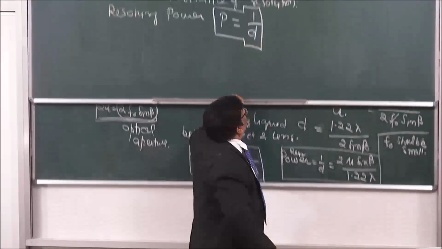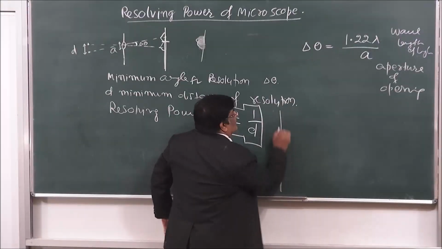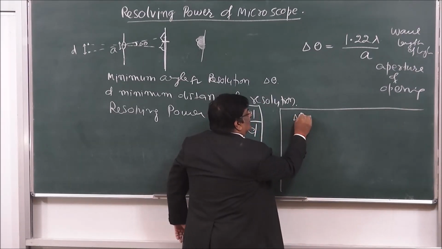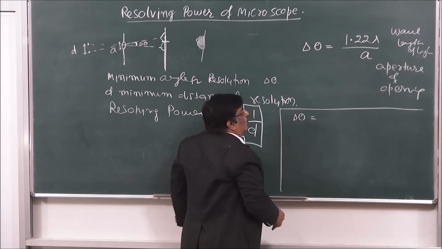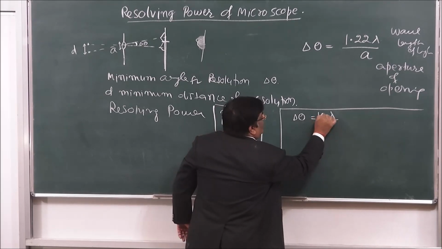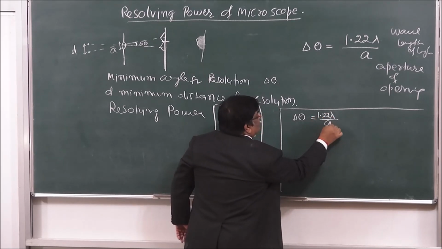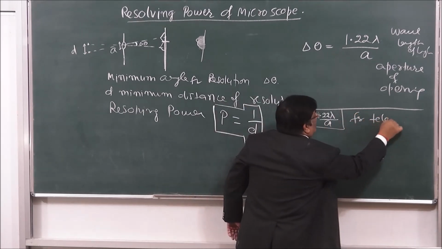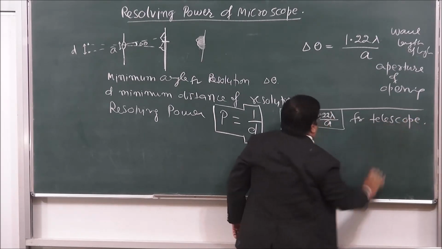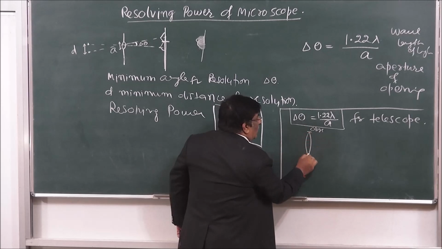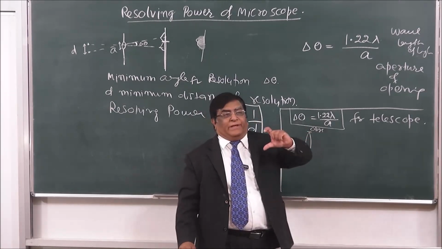Resolving power of a telescope is not having much of derivation. We know delta theta, minimum angle to be resolved, is equal to lambda upon aperture. The same formula we are using for telescope. You see, telescope has got a lens which is objective lens, and this whole objective lens acts as opening.